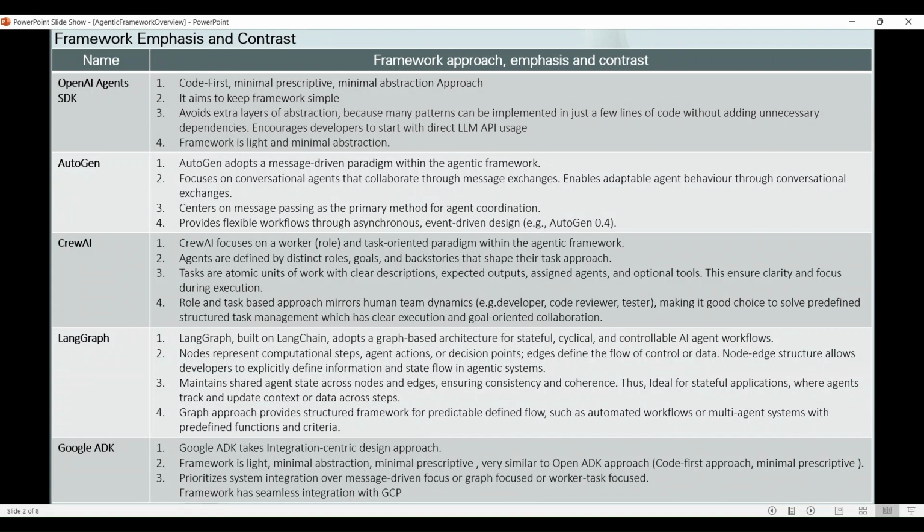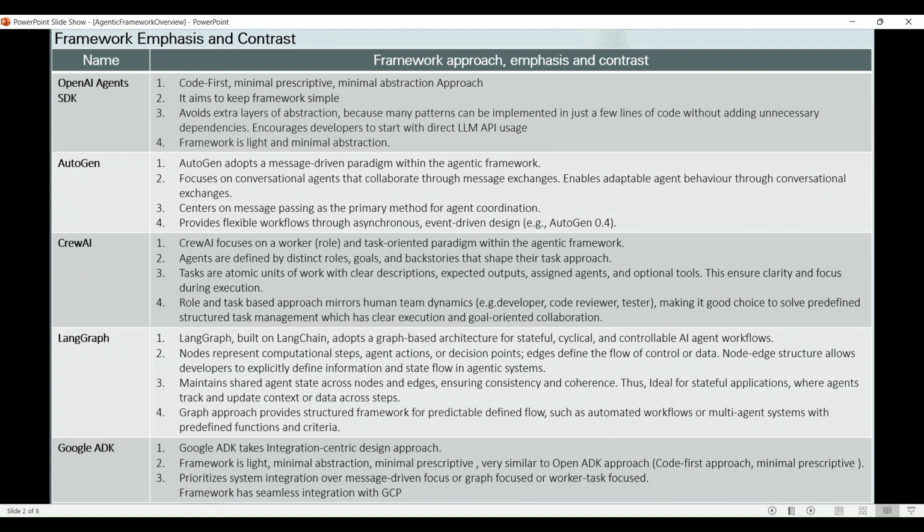So we will start with a quick overview of each framework, take a look at how they tackle a specific problem or workflow, and then jump into some code example to see them in action. I would like to clarify that our approach will emphasize on the strength and unique inclination of each framework.